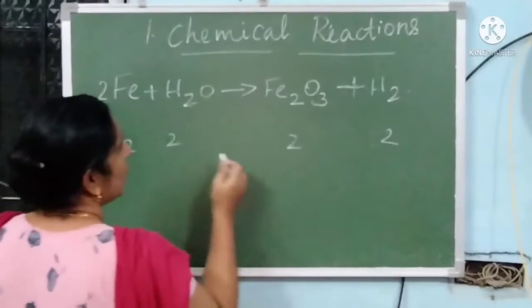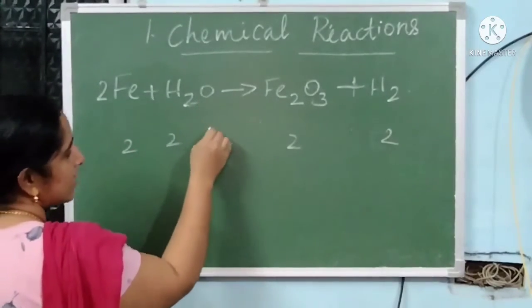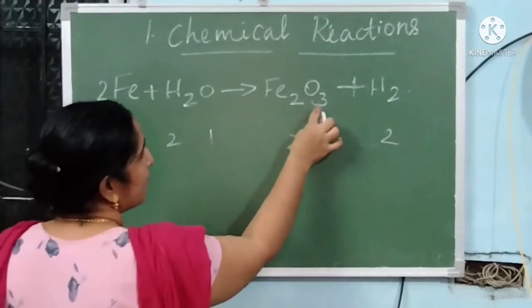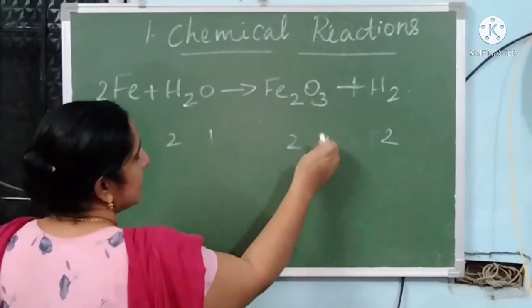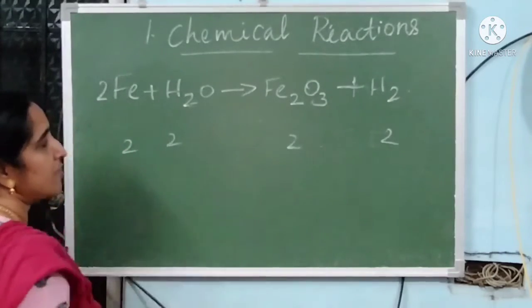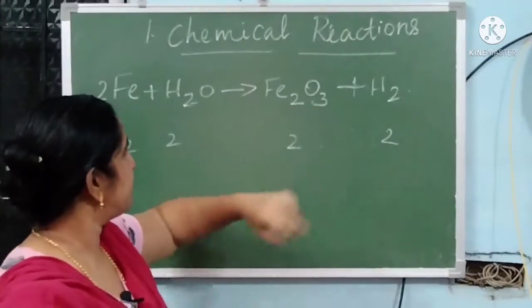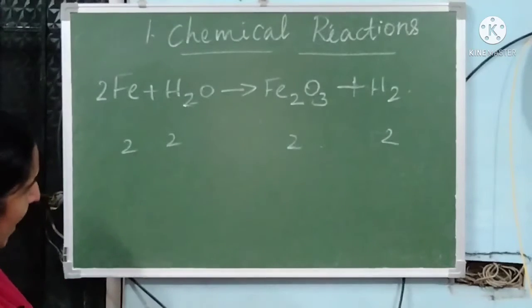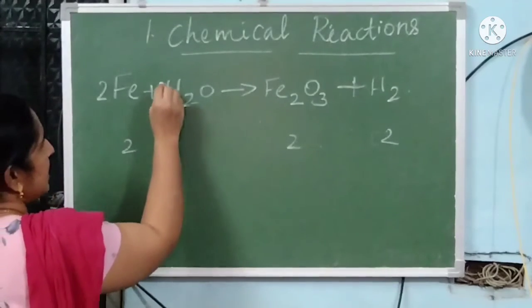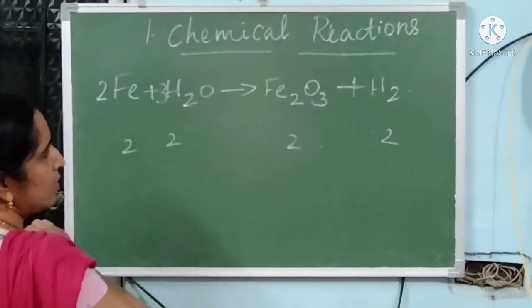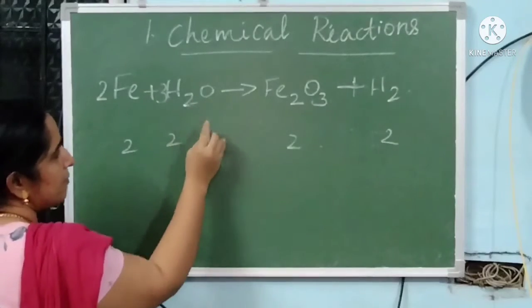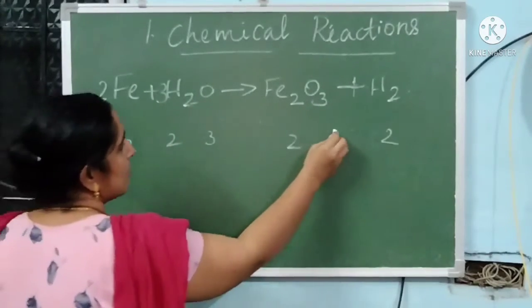Here the number of oxygen atoms is 1, but here the number of oxygen atoms is 3. That is not equal. So first we equalize the number of oxygen atoms. Here it is 3, so we add 3 in front of H2O. So the number of oxygen atoms becomes 3, and here also 3.